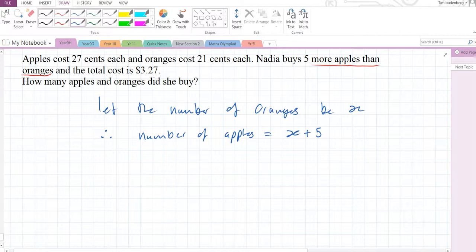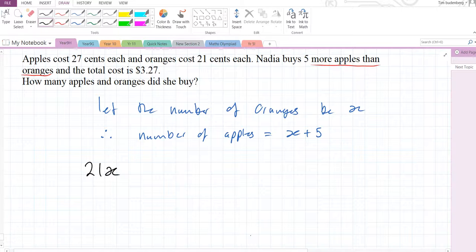Alright, so if she buys x number of oranges and each one costs 21 cents, what would the total amount of money she spends on oranges be? Well, it would be the 21 cents per orange multiplied by the number of oranges she buys.